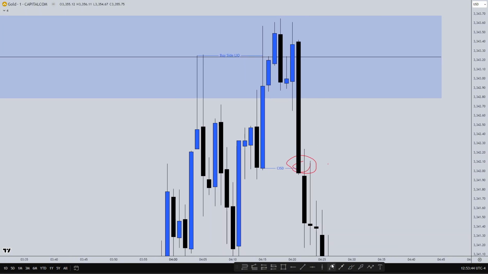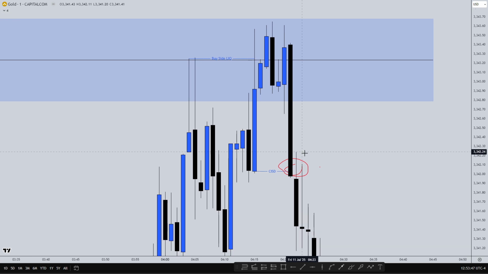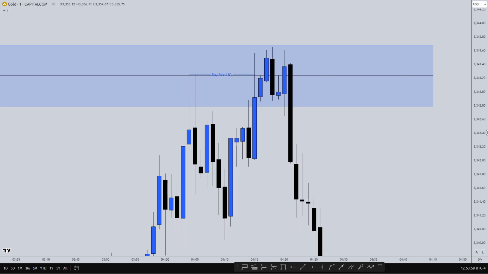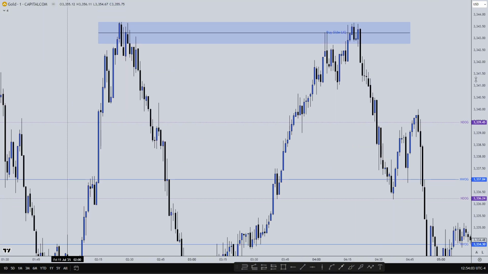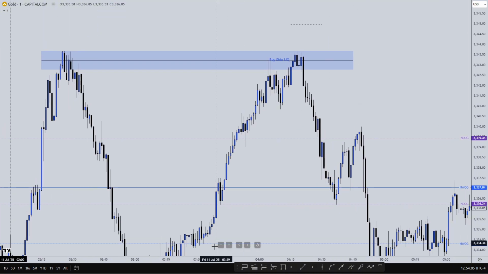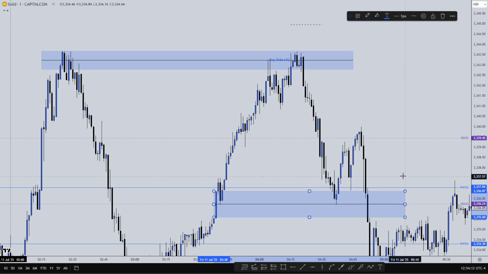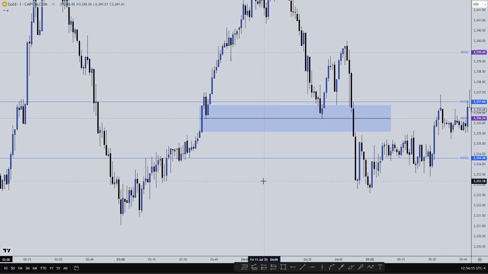The first time in this candle, and then the second time in this candle, and then it went to the lower prices to fill this fair value gap, and then to take the sell sides here.